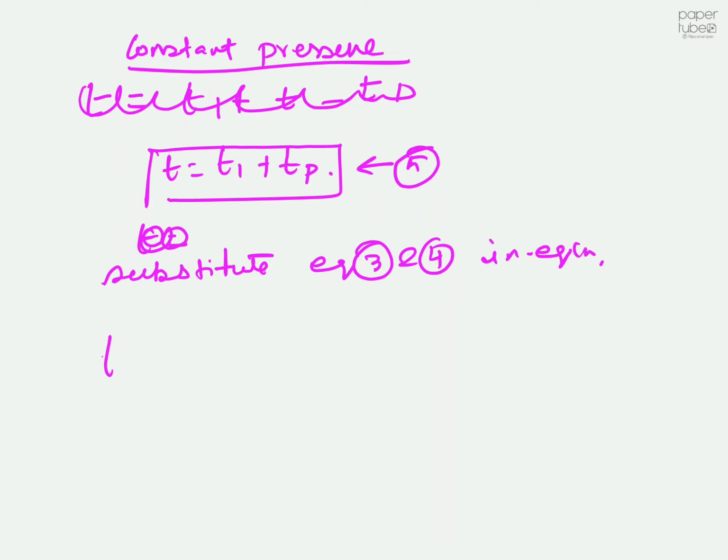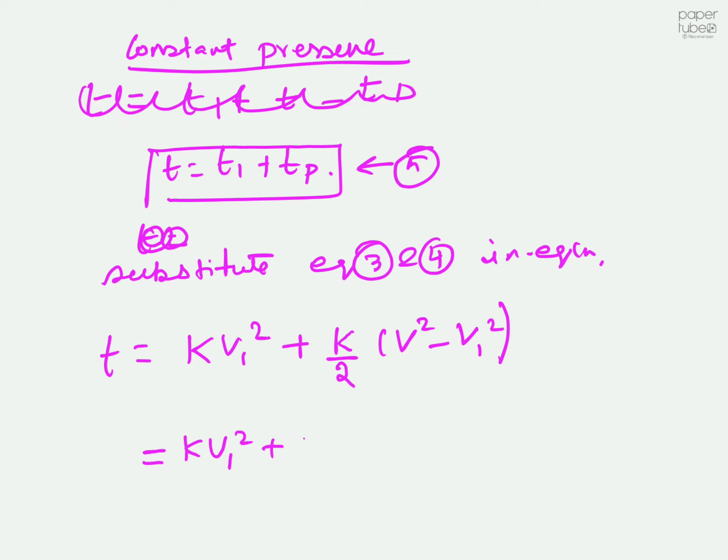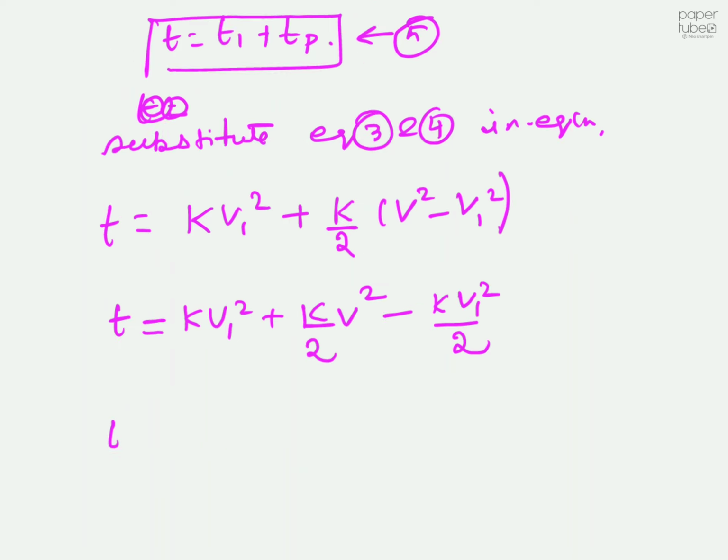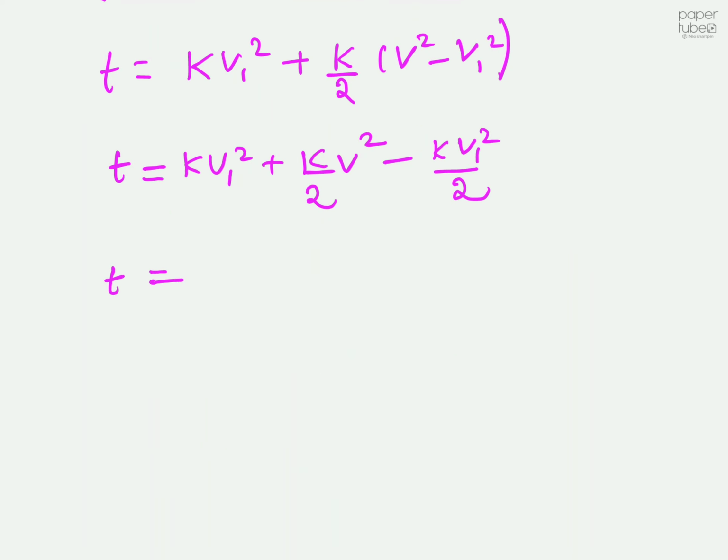So we get T is equal to K V1 squared plus K by 2 times V squared minus V1 squared. Expand the equation: K V1 squared plus K by 2 V squared minus K V1 squared by 2, that's T. I'm going to take the common factor, like LCM, so divide by 2. So 2K V1 squared plus K V squared minus K V1 squared.